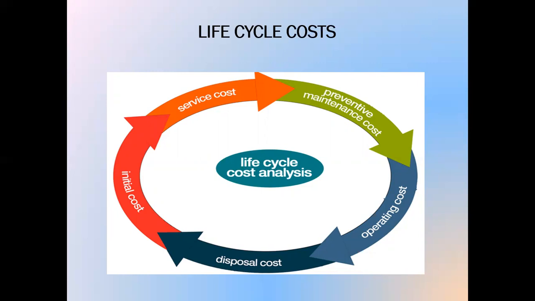It is required to increase the service life of any structure or machine or any component. Then operating cost, regular maintenance cost or operating cost of any structure. Then if it gets damaged, then the cost of disposal or cost of replacing it also is included in the life cycle cost analysis. So this is all in this lecture.